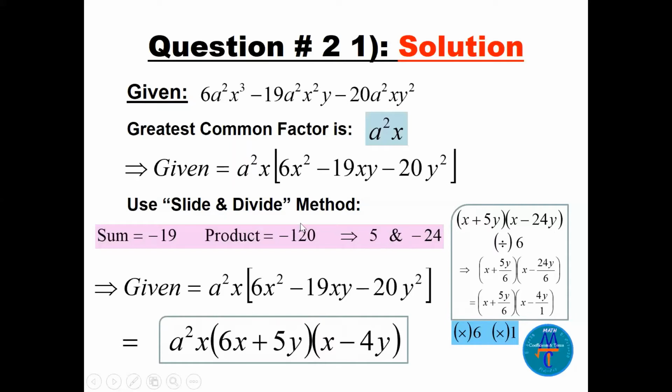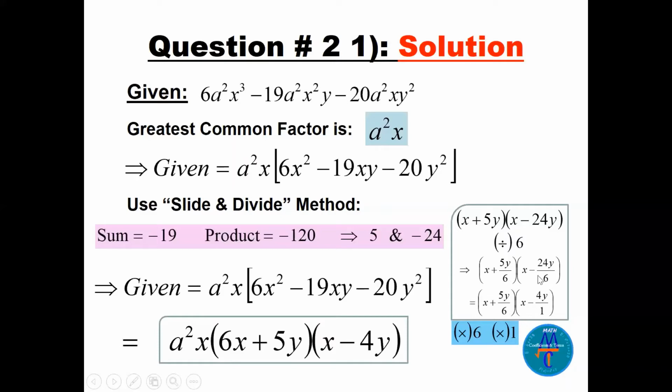If you need the details for this method, please go and visit lecture number 11. You will find many examples there in detail. Now we divide by 6. Why 6? Because the leading coefficient here is 6. I divide only the second term. So x plus, dividing, 5y over 6 minus 24y over 6. You simplify it now.